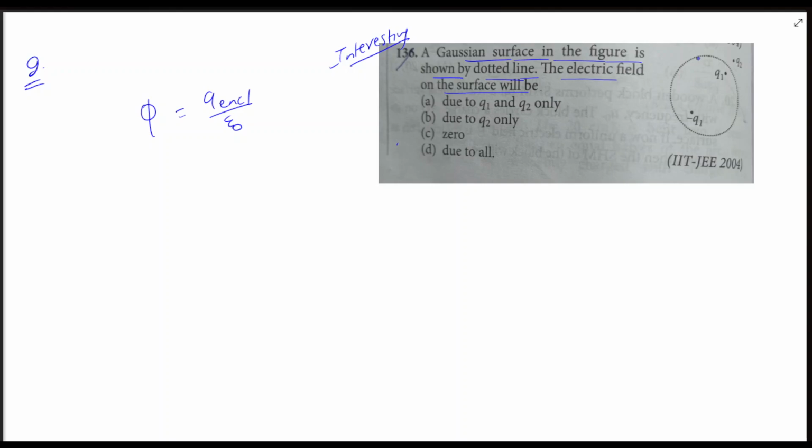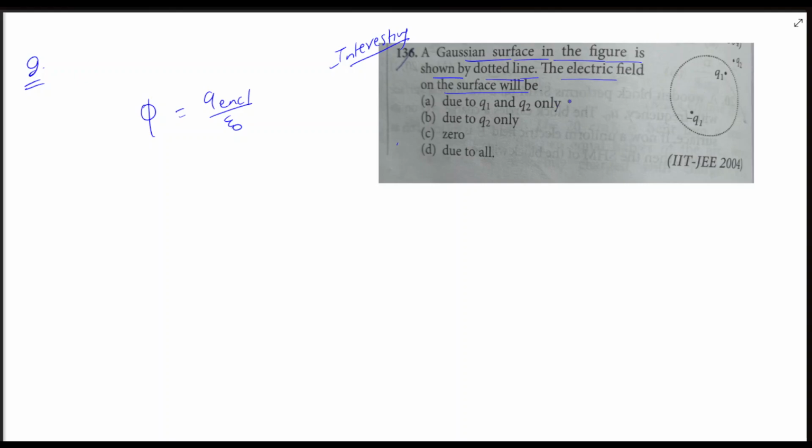But the electric field is due to all the charges inside as well as outside. So remember this. When you consider electric field, it is due to all the charges, but flux will be only due to enclosed charge. So it comes out automatically. That is the mathematics here.